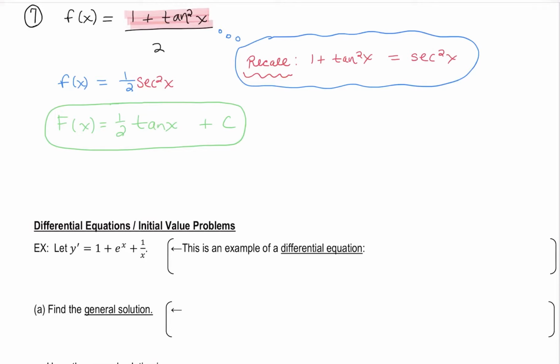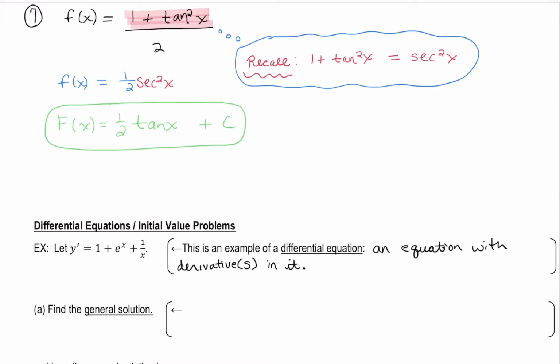All right, so in its most basic sense, if you look at this example, y prime equals 1 plus e to the x plus 1 over x, this is an example of a differential equation. So in a really basic way for our purposes here, a differential equation is simply going to be an equation with a derivative or derivatives in it.